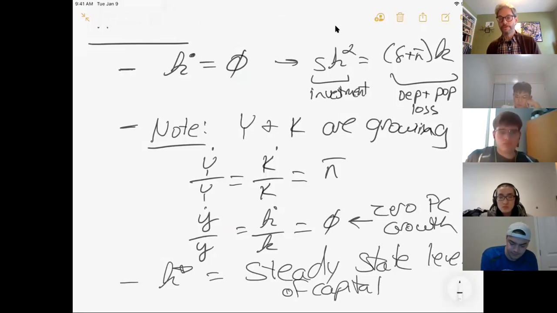So there is growth, right? Because output is going up, capital is going up, but you just don't have per capita growth, right? So 0 per capita growth. So it's in that sense that we call this a steady state, right? It is steady over the long term.